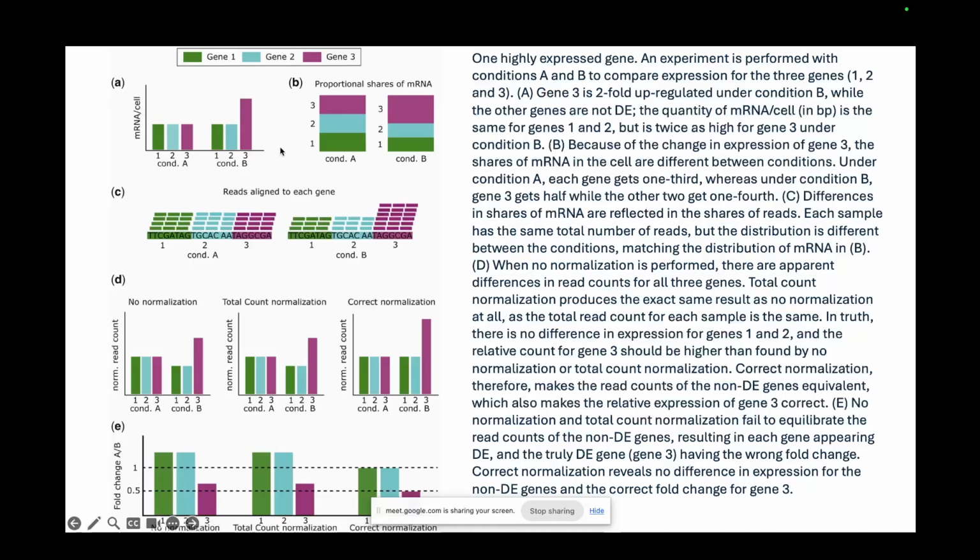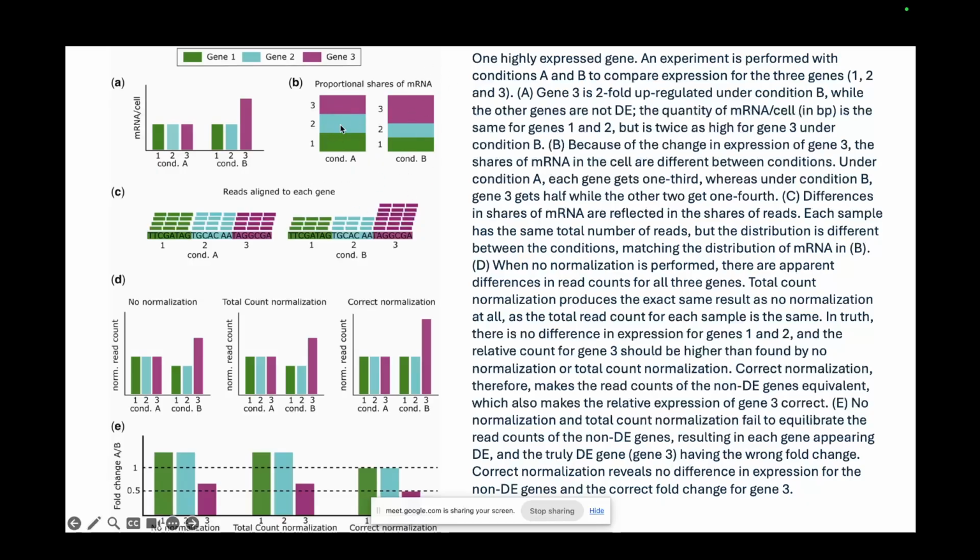If you look at the bar plots, these are the gene expression levels in terms of the number of mRNAs per cell. Comparing gene 3 under condition A and condition B, you have almost twofold upregulation in condition B, right? The quantity of mRNA is the same for genes 1 and 2, but is twice as high for gene 3 under condition B, as given in this particular bar plot.